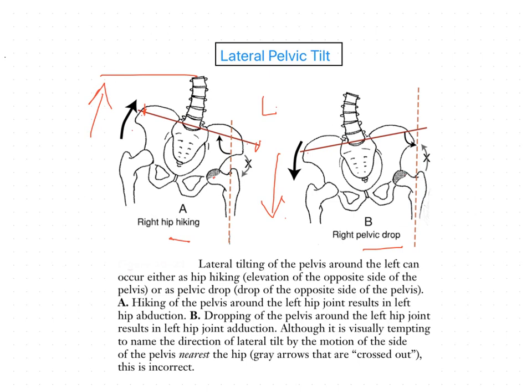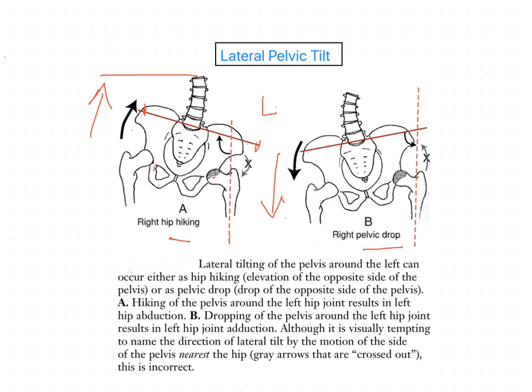So if you are seeing this, normal pelvis and hip joint, just assume it. Now the other part of the pelvis is hiking. That means there is a tilting of the pelvis taking place towards the right side and upward.